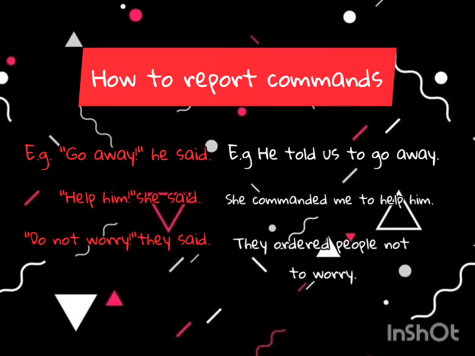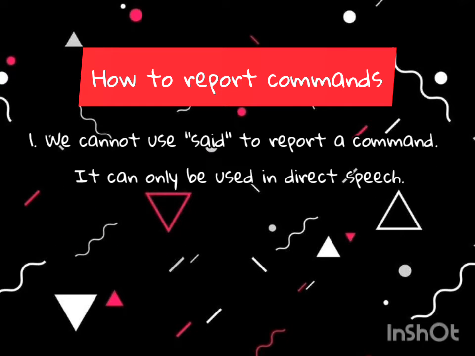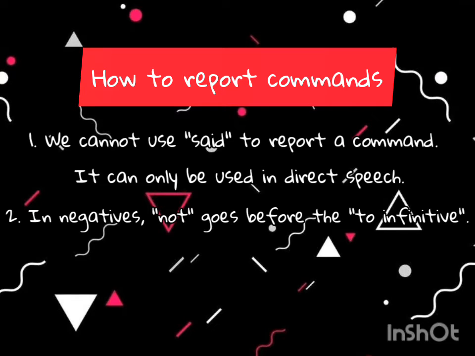At this point, we need to make some clarifications. Number one, we cannot use say to report a command. In reported speech, if you report a command, you need to use only the verbs that I have given. B, in negatives, not goes before the to infinitive. For example, as you have seen previously, they ordered people not to worry.